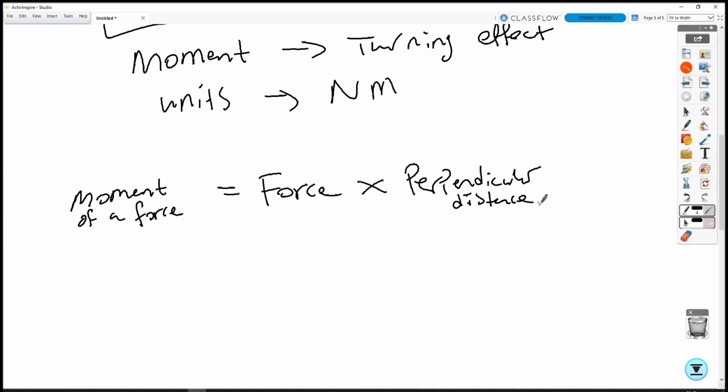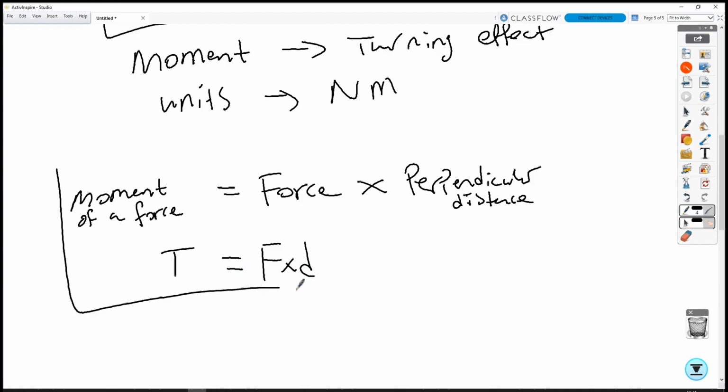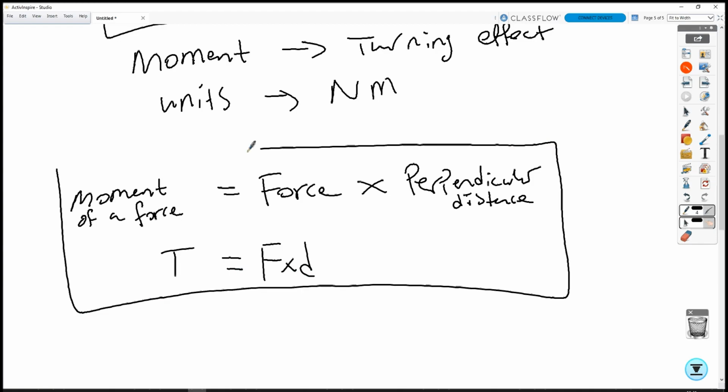Now this is quite important. If I write the equation underneath, T equals F times D. Because force times distance is also work done, and a Newton meter is also the same as a joule.